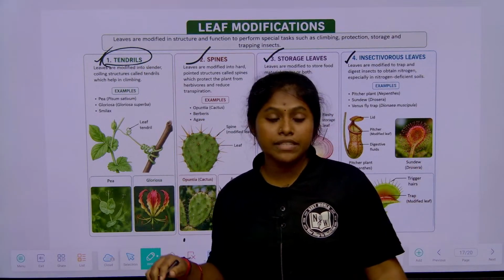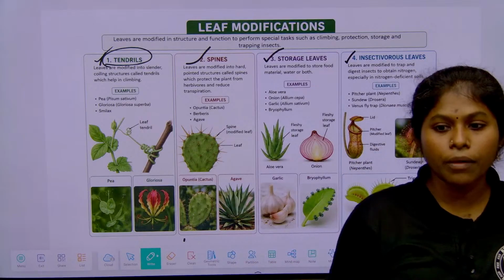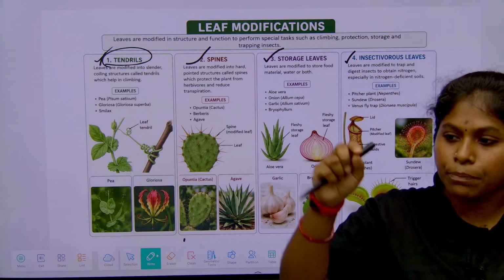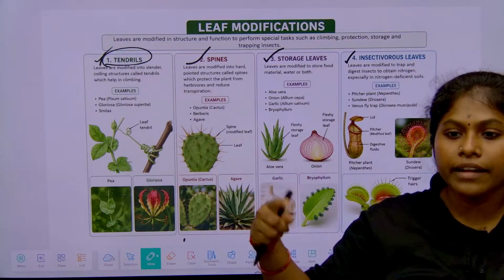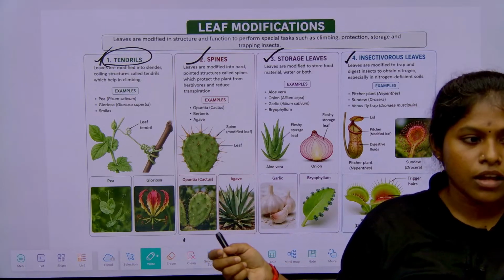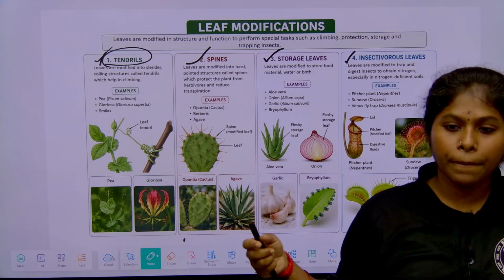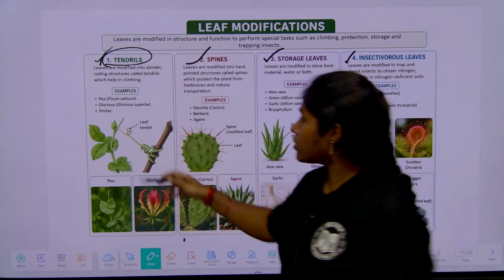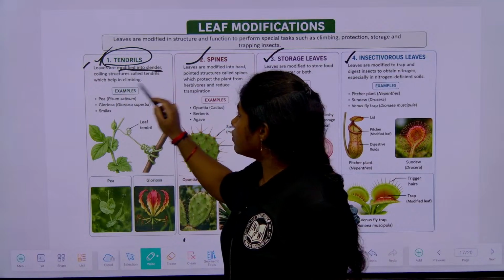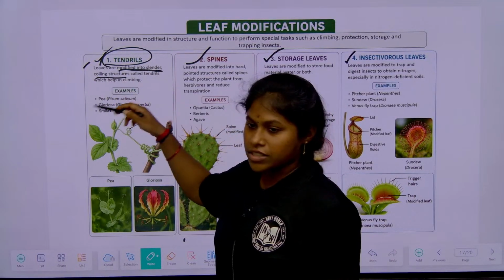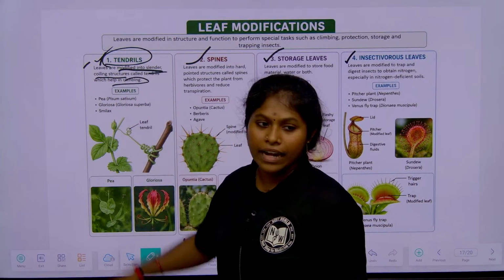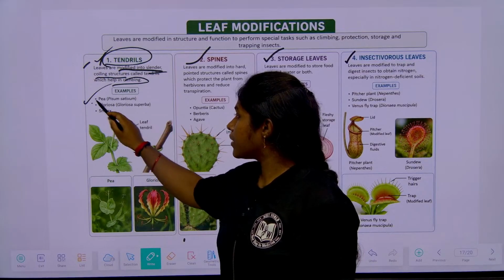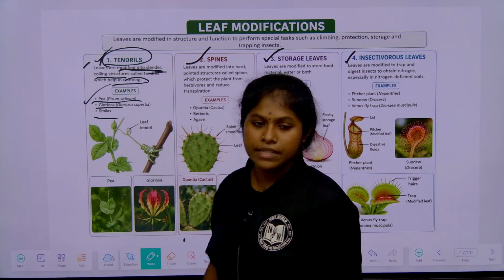The best example, if you know, is the pea plant. From the tip of the pea plant the tendrils arise. It's mainly helping as support for climbing. The leaves are modified into slender coiling structures, tendrils, which help in climbing. The examples are pea, gloriosa, smilax.